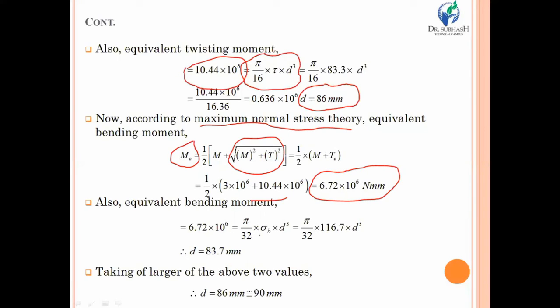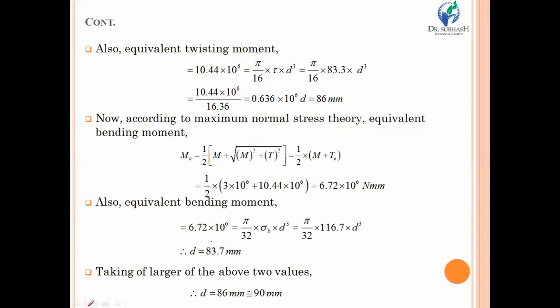We also know from the bending relation that the equivalent bending moment is equal to pi by 32 sigma b into d cube. So by equating both relations and calculating the diameter of the shaft, it will become 83.7 mm.